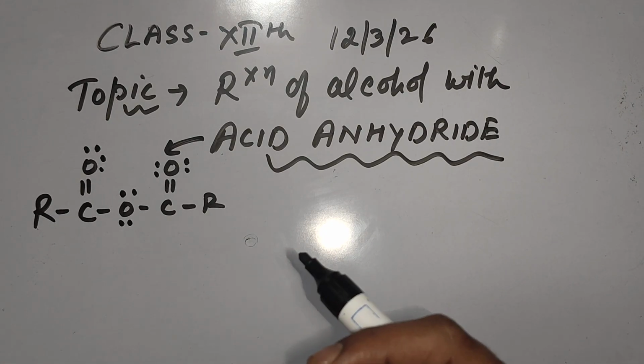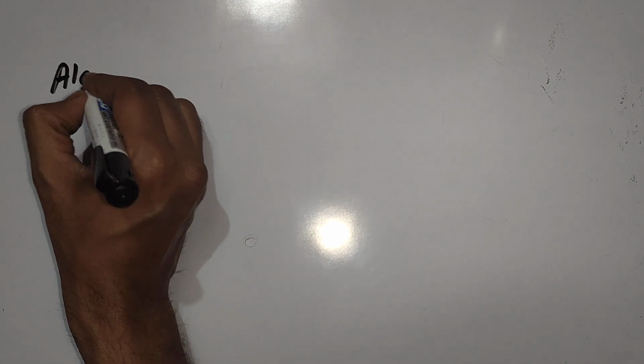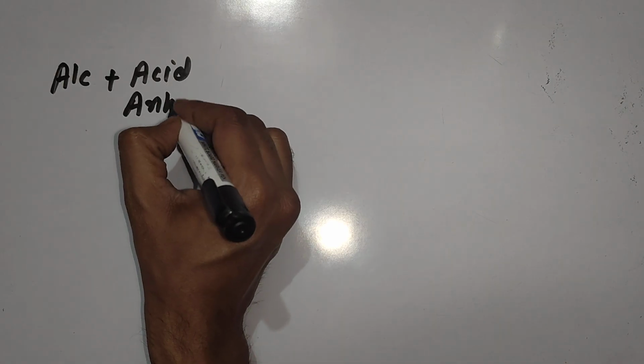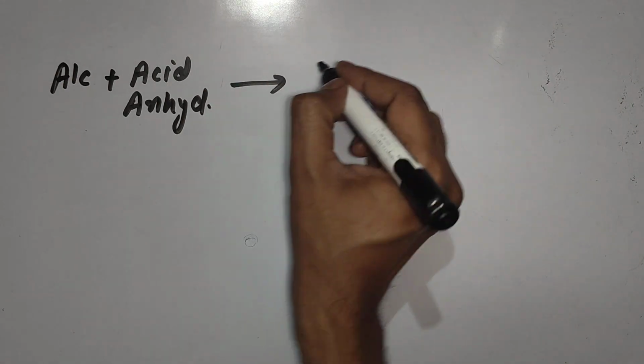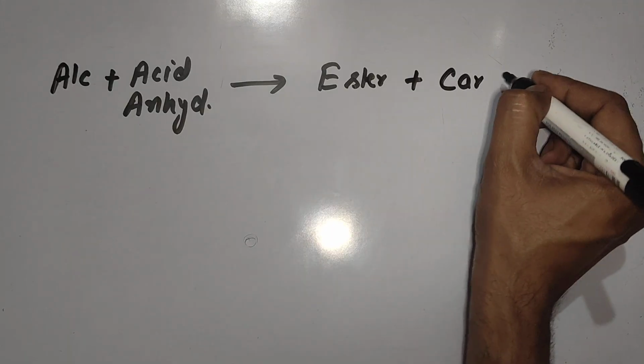Now let's check how it reacts with alcohol. When alcohol reacts with acid anhydride, they create ester and carboxylic acid.